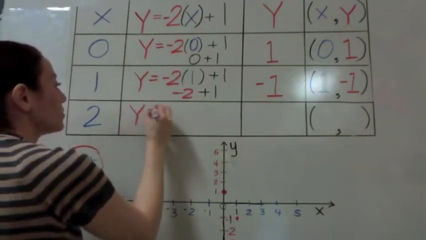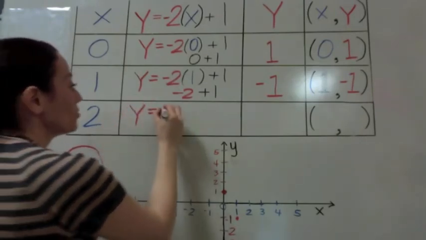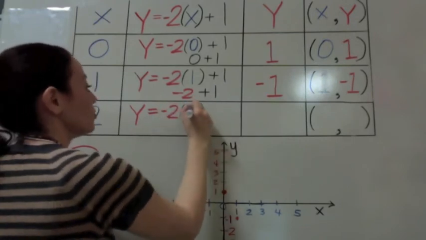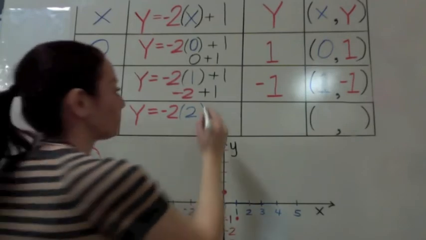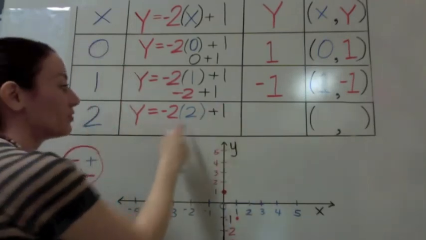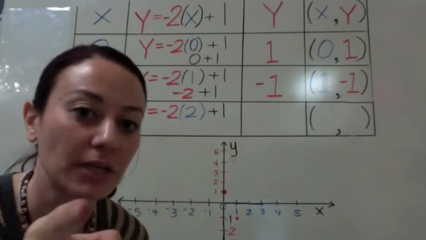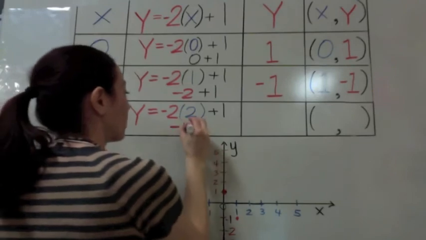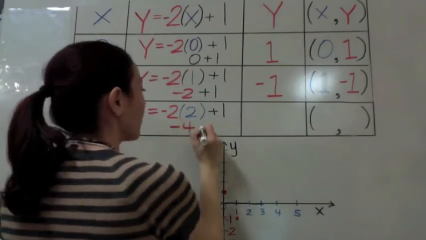Y equals, what is x again? X is 2, so -2 times 2. And then we're going to add 1. Cool. So remember, Bob, what is -2 times 2? Yes, it's -4. So we get -4 plus 1. Do we have different signs again?